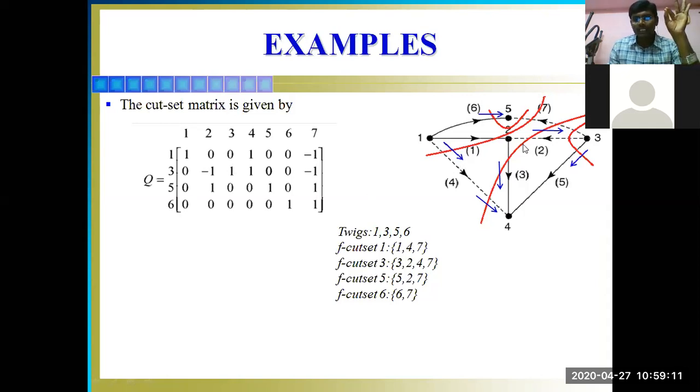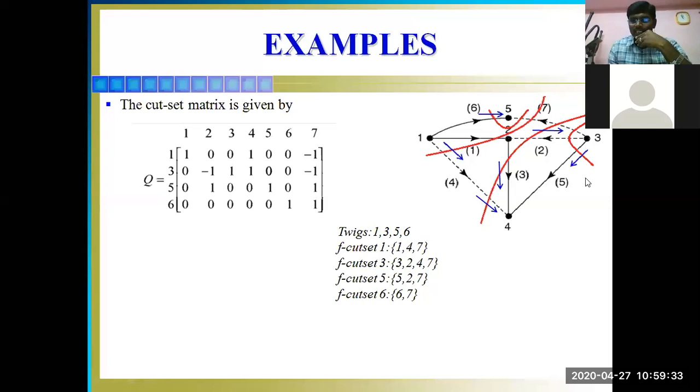Whereas for 2, here it is driving in the opposite direction. So for 2, it is minus 1. And even for 7 also, it is minus 1. For 2 and 7, these two are minus 1.